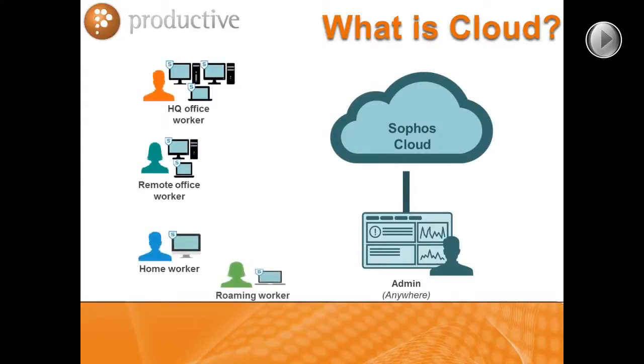Some of the crazy challenges we're all faced with today are such a diverse workforce, and the workforce having lots of diverse technology. Look at a guy like myself. I'm in the office a lot, but I work a lot from home. I have an iPhone. I have an Android tablet. I have a couple of laptops. I have an iPad, right? And every single one of these devices is connecting to the corporate environment.